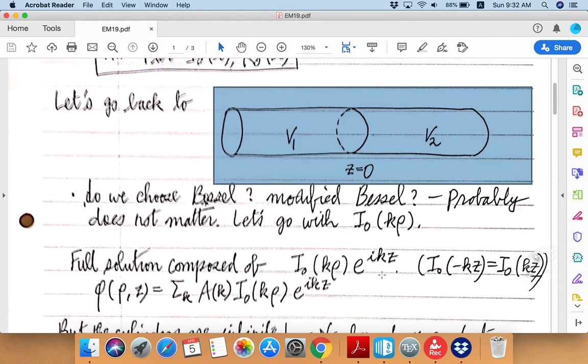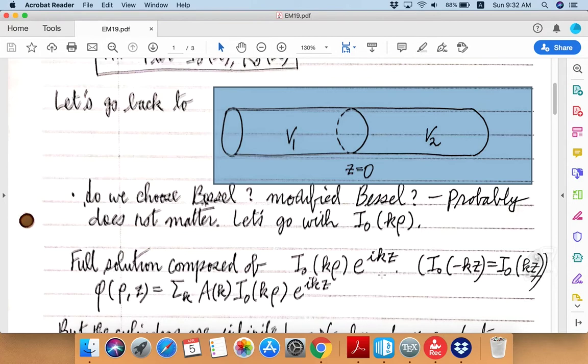The first choice that we have to make is whether we need to choose the Bessel function or the modified Bessel function. And it's originating from the issue of whether we choose the k-square or the minus k-square as the coefficients to be used in the separation of variables method. And I think it doesn't really matter. In the end, you will still obtain the same correct solution.